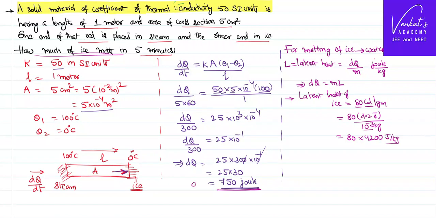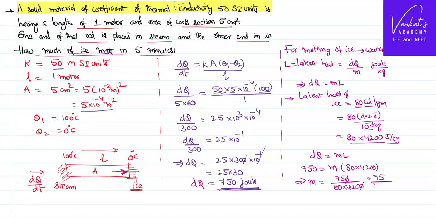Now I know the dq value. I know the definition of latent heat as mL. dq is 750. How much ice melts is what I want to calculate. L is 80 into 4200. That implies the amount of ice that melts is 750 by 80 into 4200. One zero can be cancelled. That is 75 by 80 into 420.